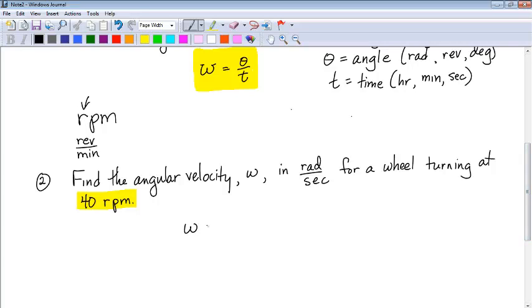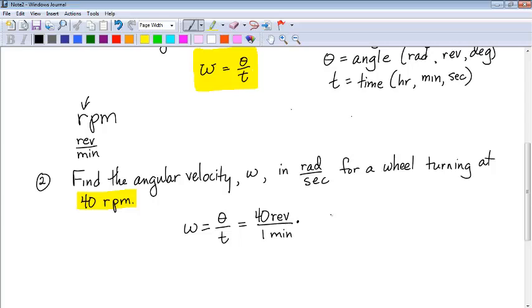Omega equals theta over time. I don't care if you go across or if you go down, there ought to be an equal sign. If you go across, I put in 40, which is actually revolutions per minute, and they want it in radians per second.